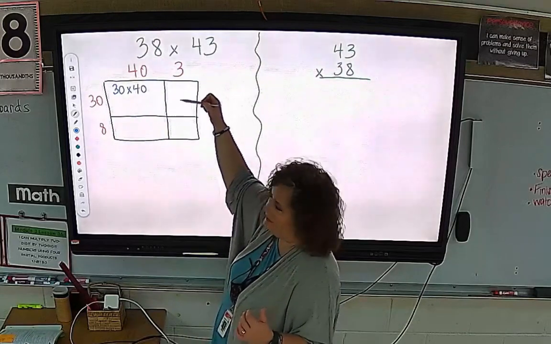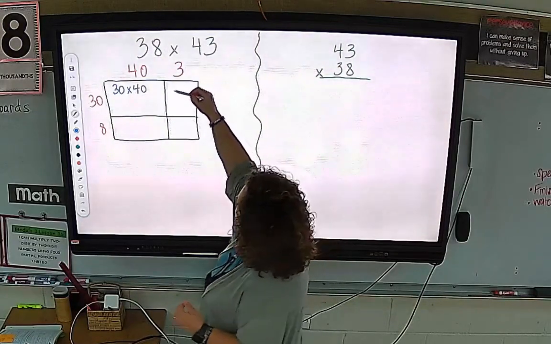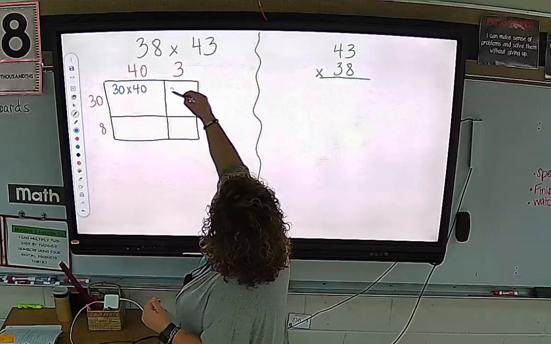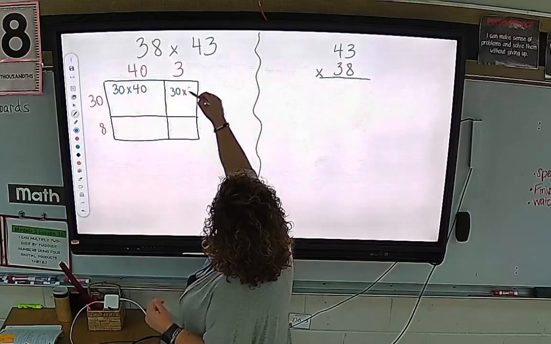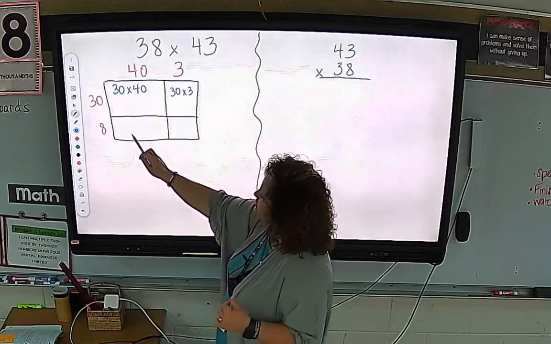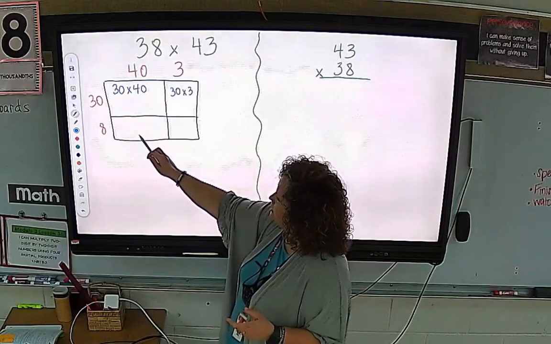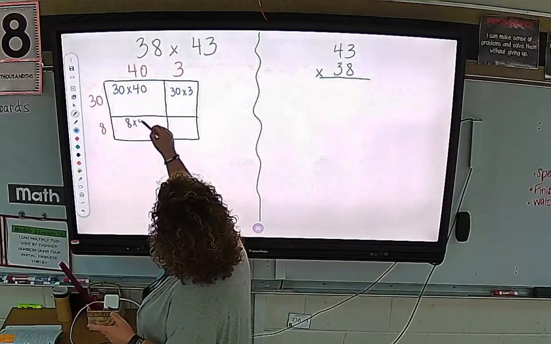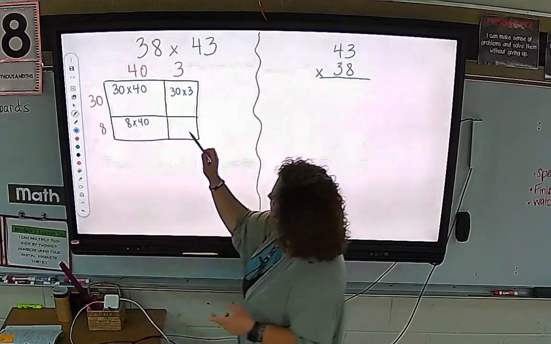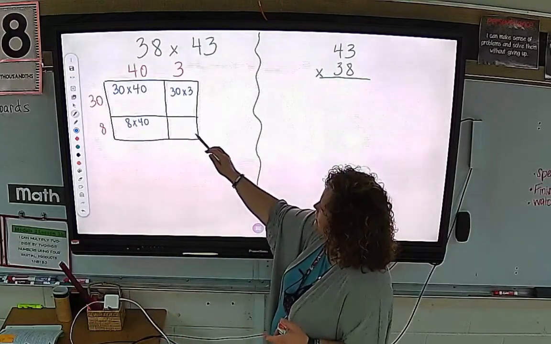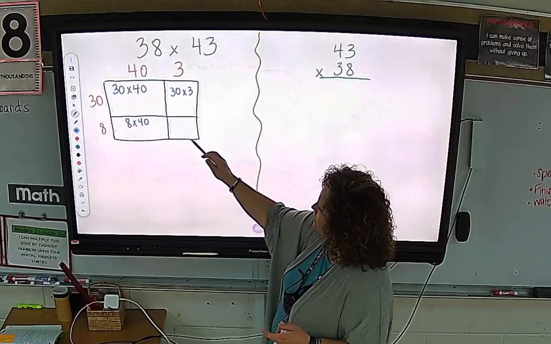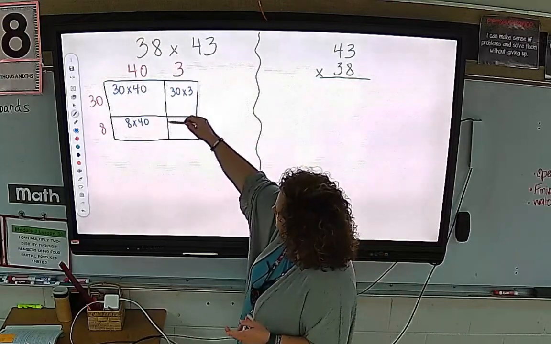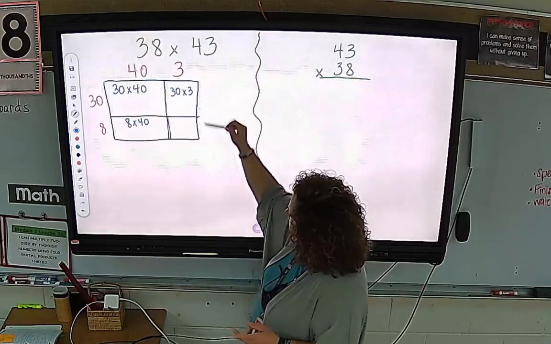Let me ask Bailey, what am I going to put here? 30 times 3. Okay, Brandon, what am I going to put in this box? 8 times 40. Good. Gage, what am I going to put in this little box? The length here and the width here.